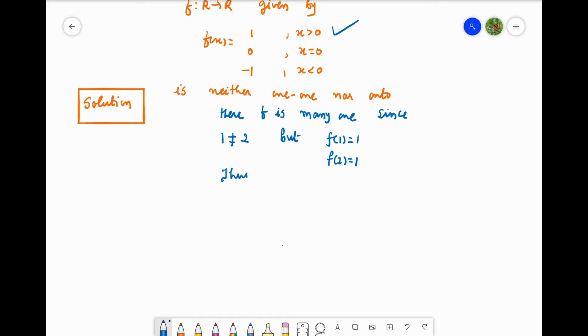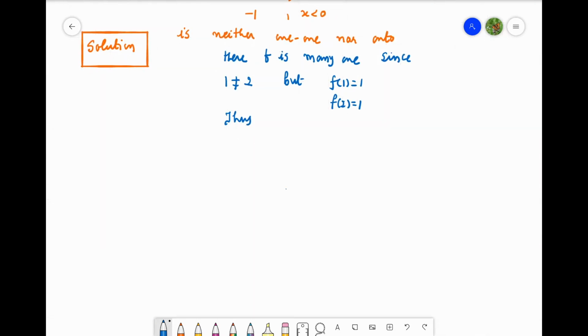Thus 1 and 2 are related with 1. 1 is not equal to 2, but f of 1 equals f of 2, and therefore f is many-one.